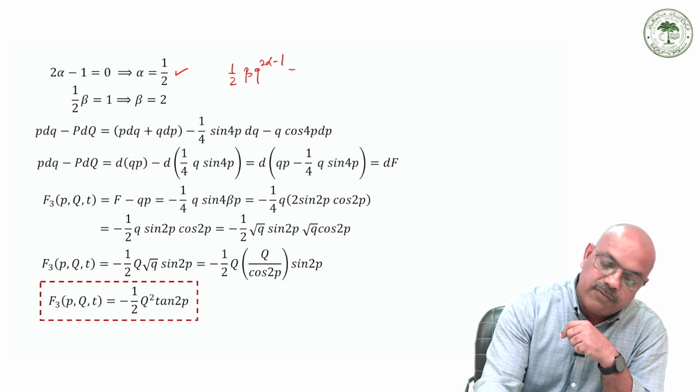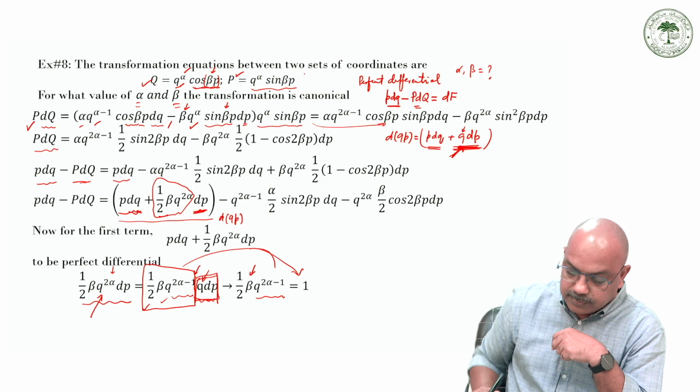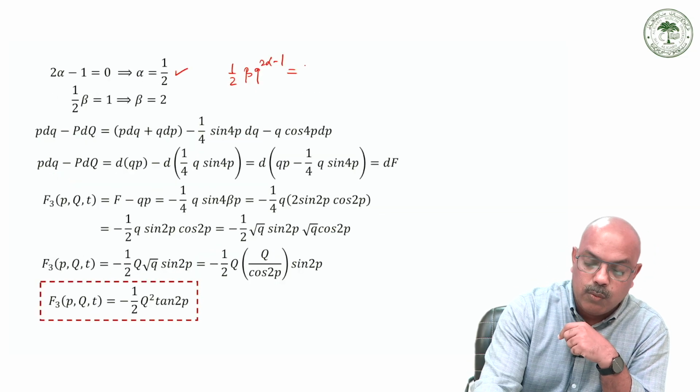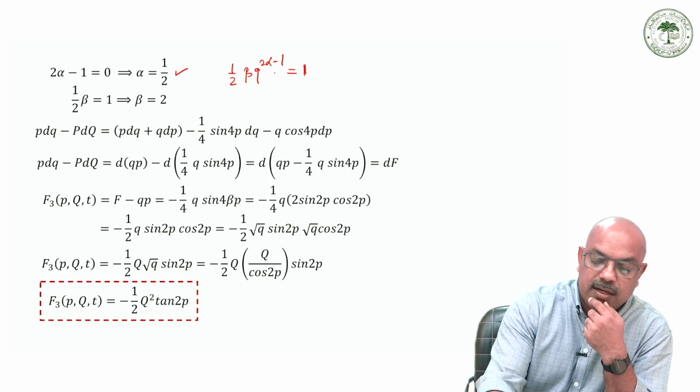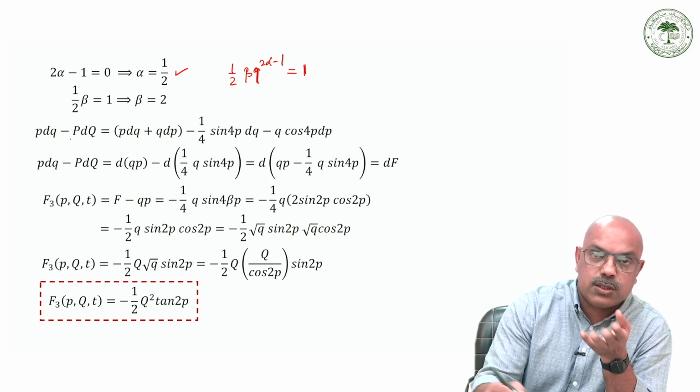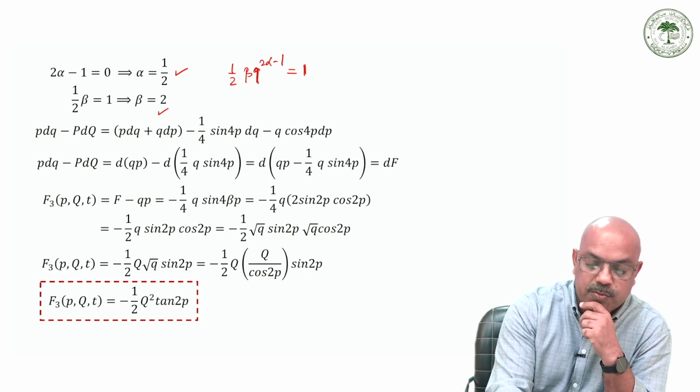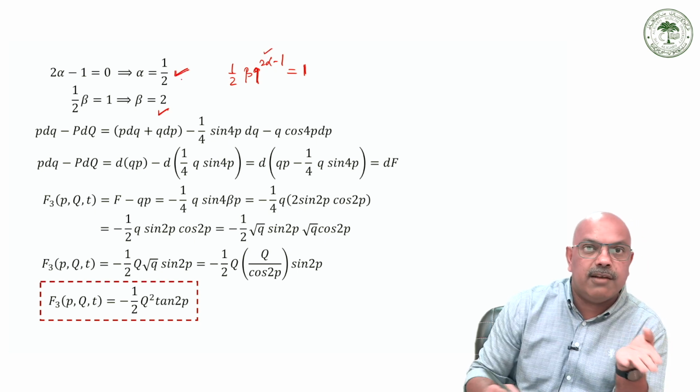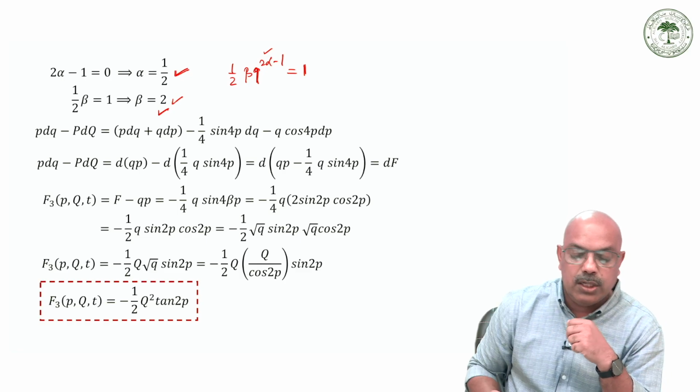So if this is going to be 1, this is one condition: if you put beta equal to 2 and 2 alpha minus 1 equal to 0, then from there you get the condition of alpha equal to half and beta equal to 2.